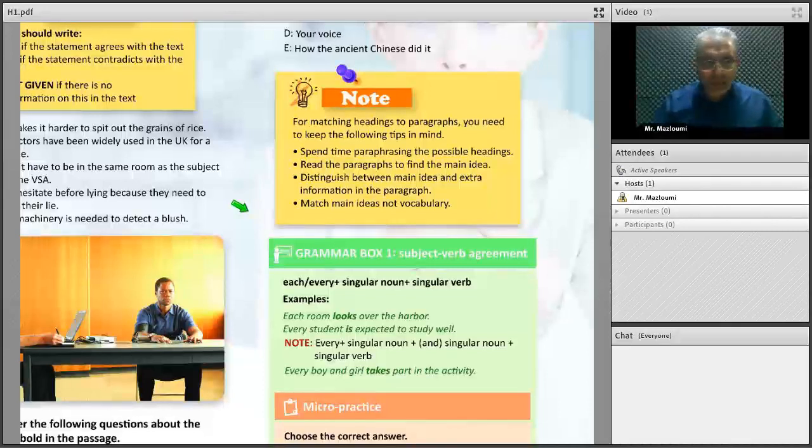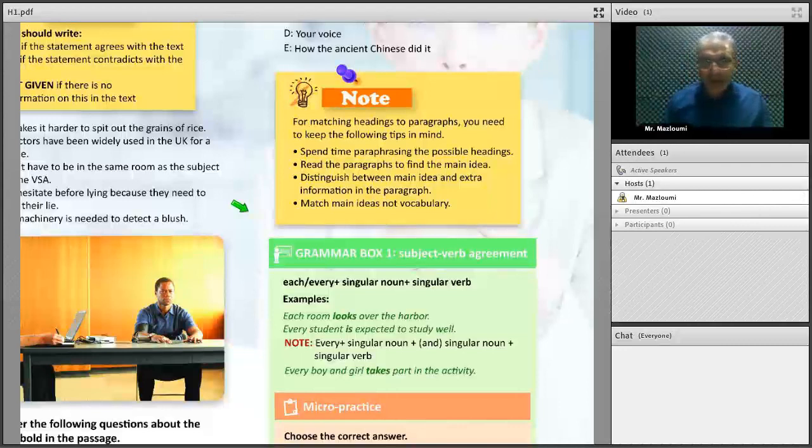Number 3, distinguish between main idea and extra information in the paragraph. Remember, you need to differentiate, you need to understand, to recognize the differences between the main ideas and the extra information.